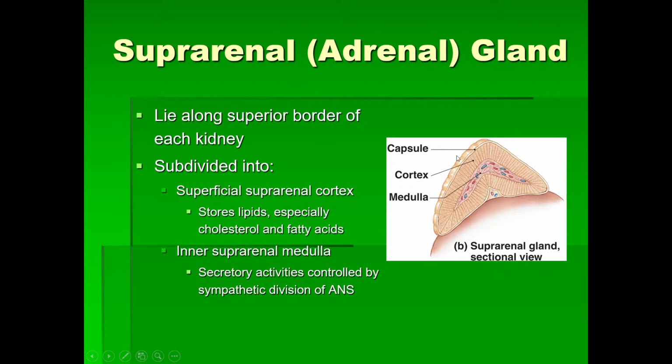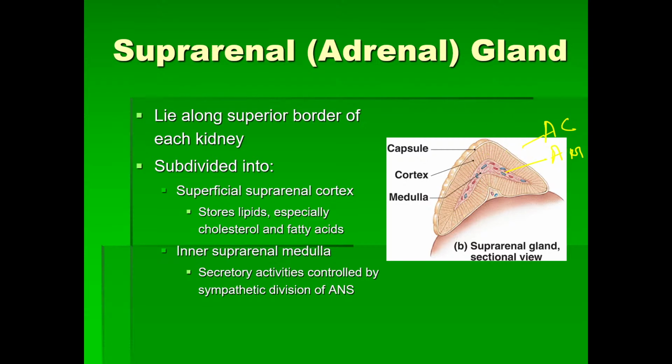And this suprarenal gland, you may see in the diagram, has two important areas. One is called the adrenal cortex, and the second one is called the adrenal medulla. The adrenal cortex is the peripheral region of the adrenal gland, whereas the adrenal medulla is the middle portion of the adrenal gland.